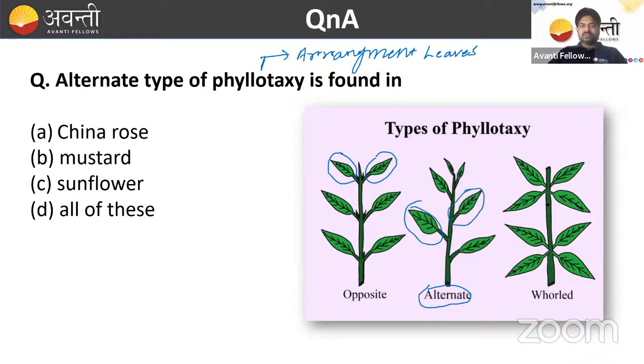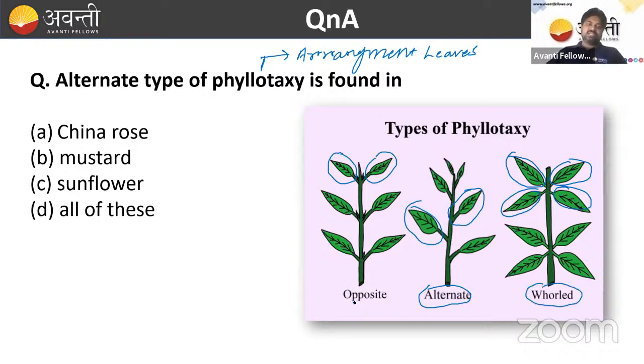And next is the whorl. In case of whorl, you can see four leaves joined together, two leaves opposite to each other in this part also, but it is a bunch of four leaves. This type of phyllotaxy is known as the whorl.